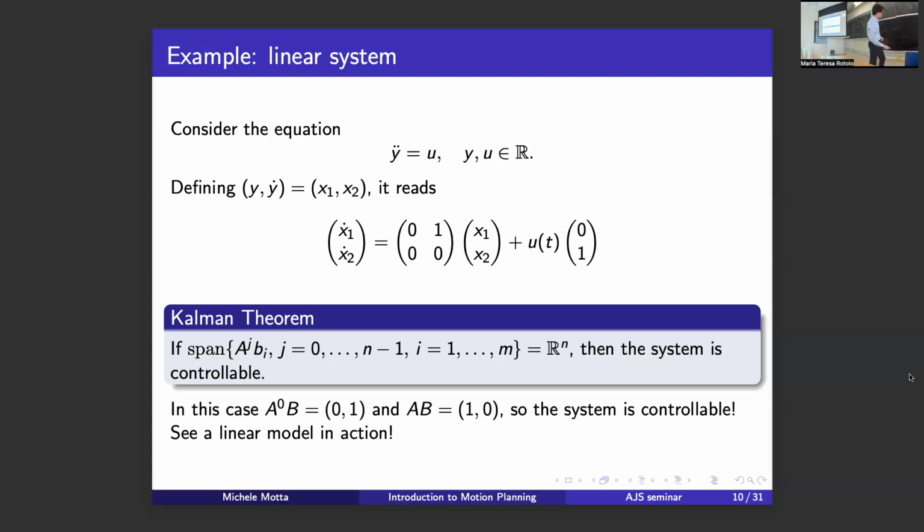You have a pendulum which starts from here, so this is the base point of the pendulum, and it goes vertically up, and you have gravity that goes down.